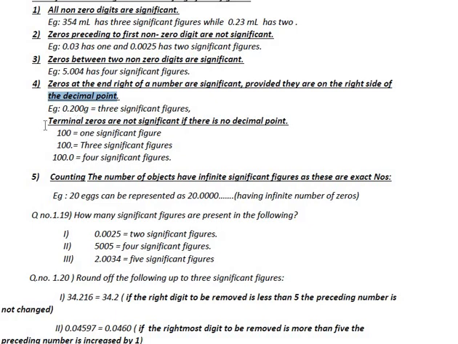So in this case you can see that we have 3 zeros over here. The first zero is preceding a non-zero digit 2, and according to rule number 2, this zero which is preceding a non-zero digit will not be significant.